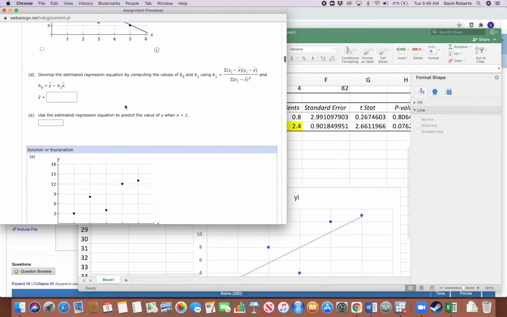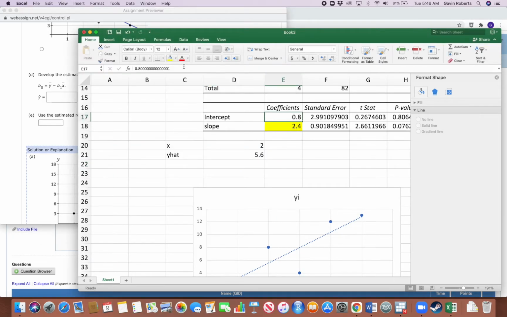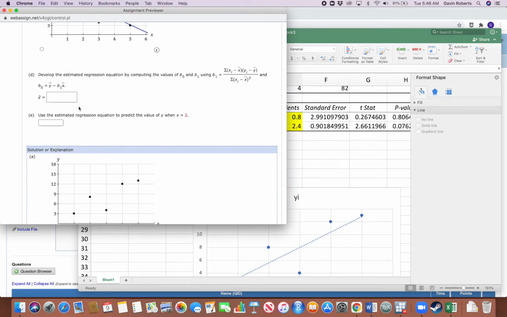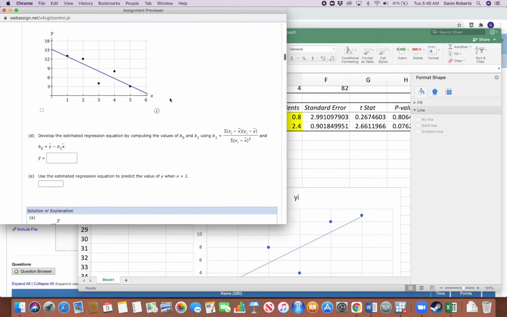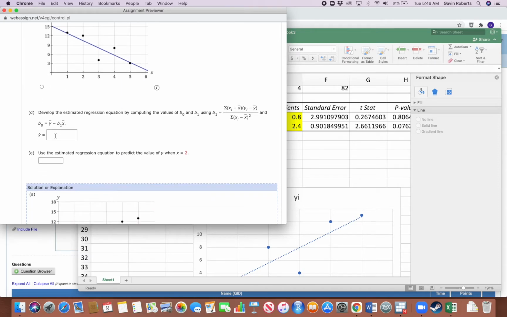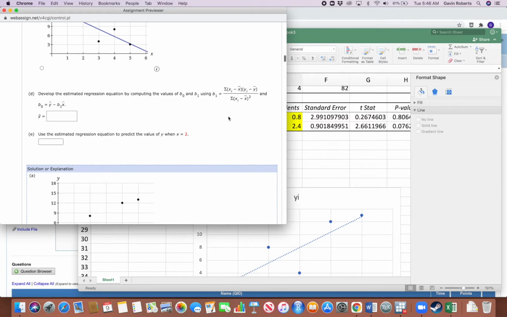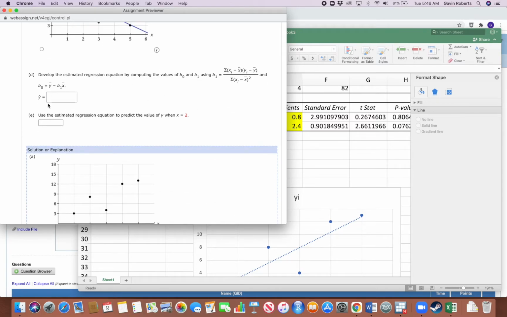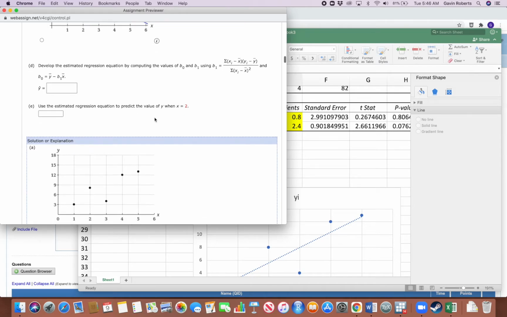So that's how I might get E right there. This was the intercept, by the way, so we had the intercept, which was part of D. And they actually want you to write the entire equation for y hat.